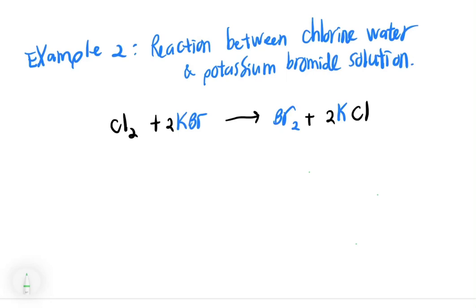So chlorine in its elemental form is 0, and so is the bromine molecule in its elemental form, also 0. Potassium ion is +1, bromide ion is -1, potassium again is +1, and chloride is -1.